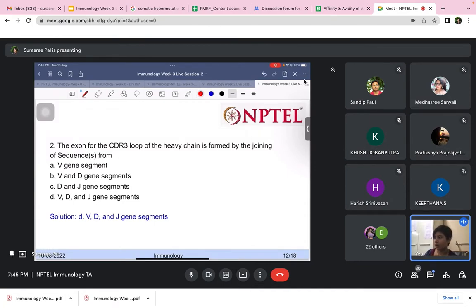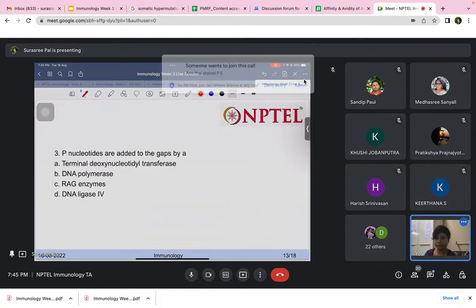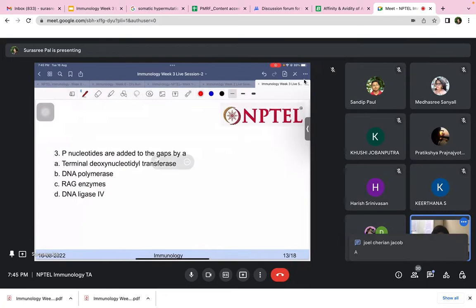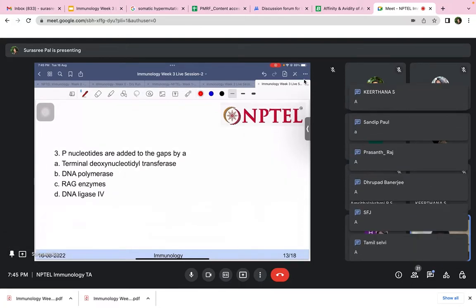Alright, let's move to the next question. P nucleotides are added to the gaps by which of the following enzymes? One interesting thing is happening here.